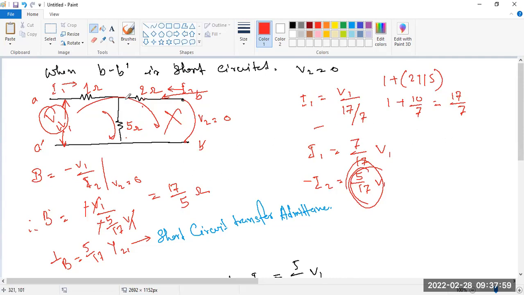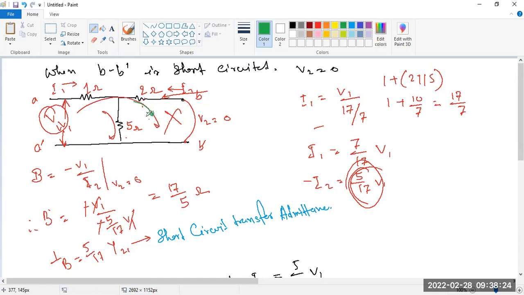Look. It is given that I1 equal to, here is the calculation, I1 equal to V1 by 17. In this way we are going on. So the current actually here was divided.